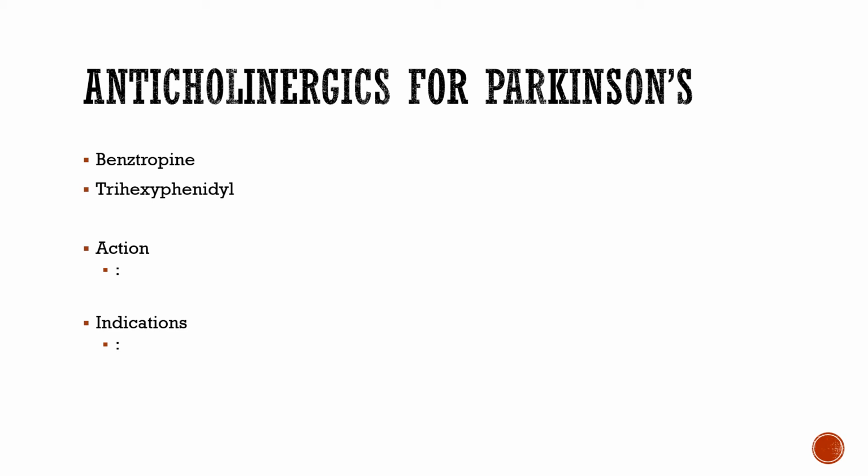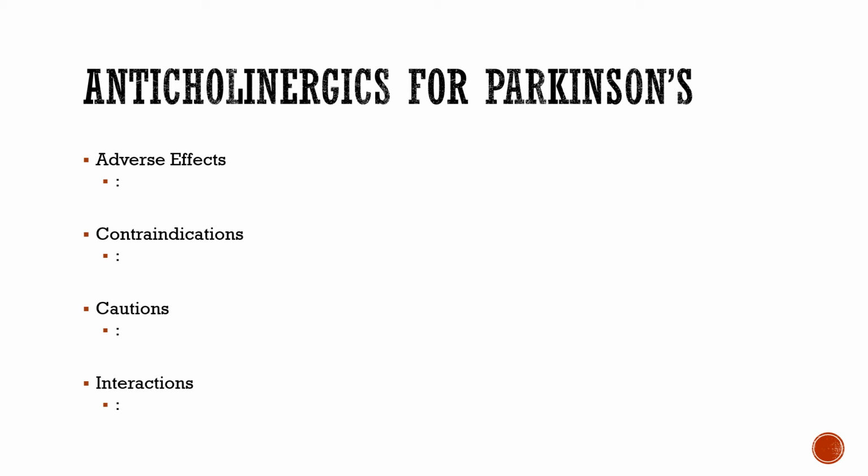We're supposed to have a level balance between the two. Obviously, with Parkinson's, now your dopamine levels are lower and your acetylcholine is higher. That can cause a lot of problems. So this just tries to level that out. So it helps with a lot of those symptoms associated with Parkinson's disease, and that's our indication.